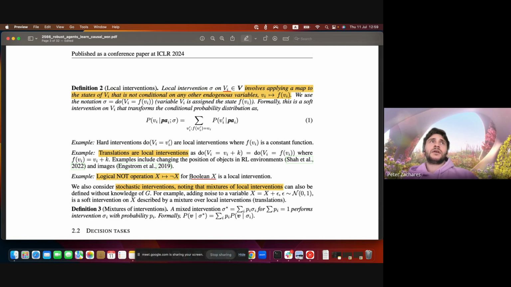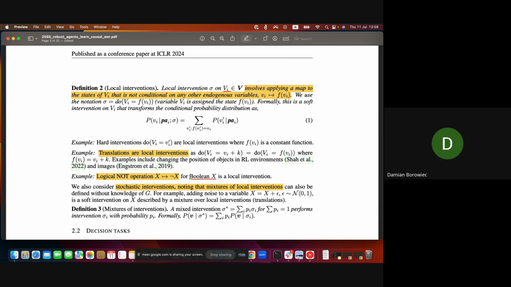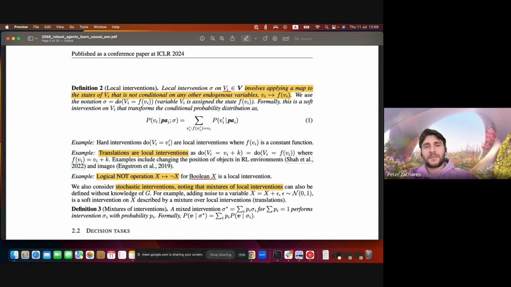But if the position of that object was a part of your model, that would be a soft intervention, because you're essentially removing one of the variables from your model. So the whole causal model is changing. So it depends on what the causal model is.